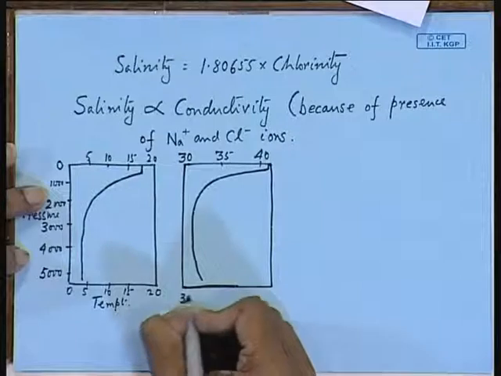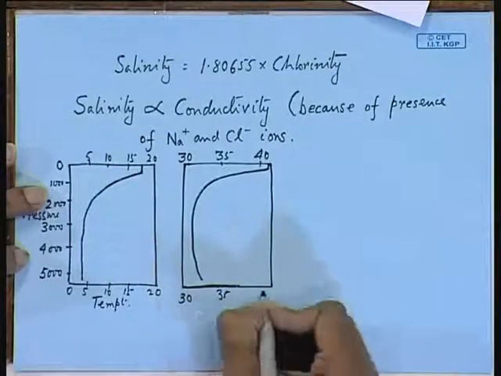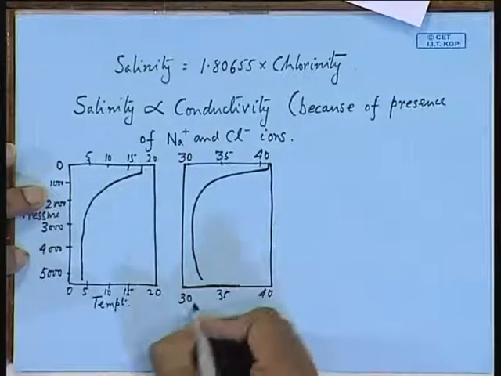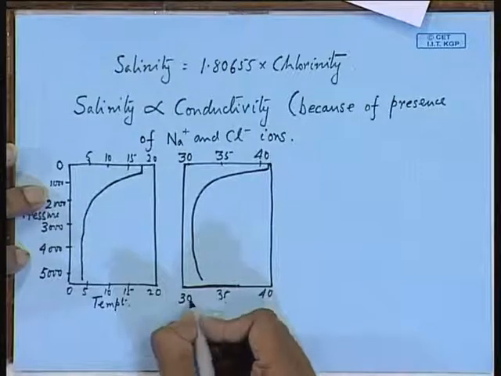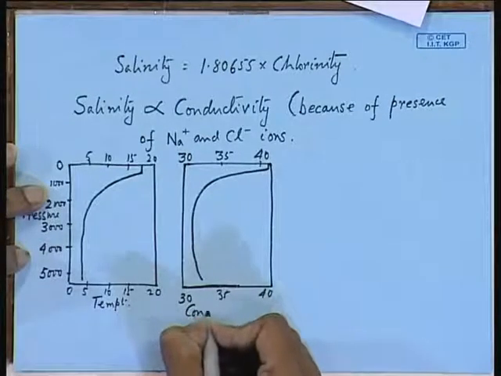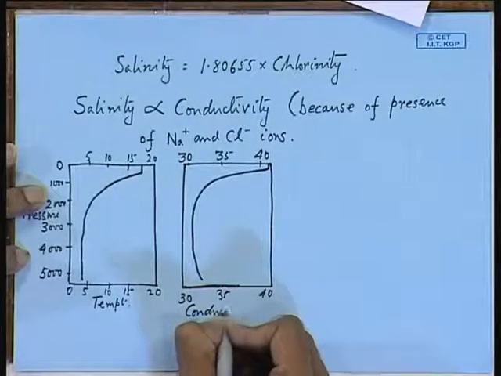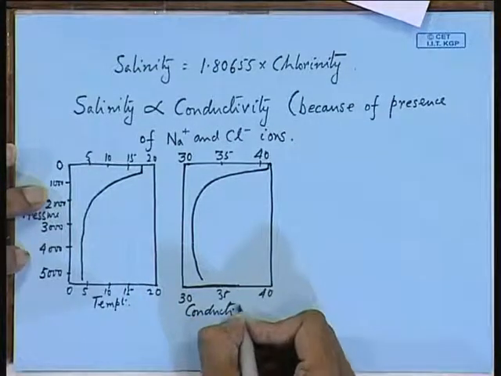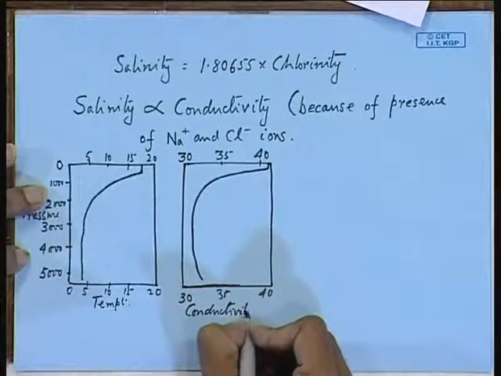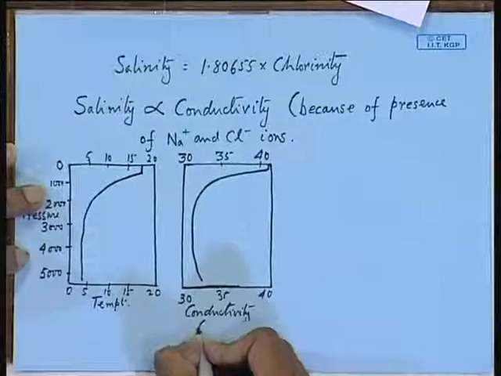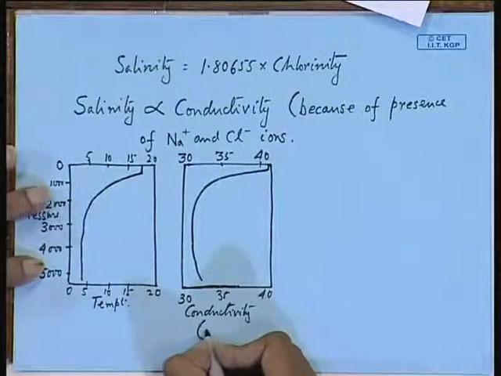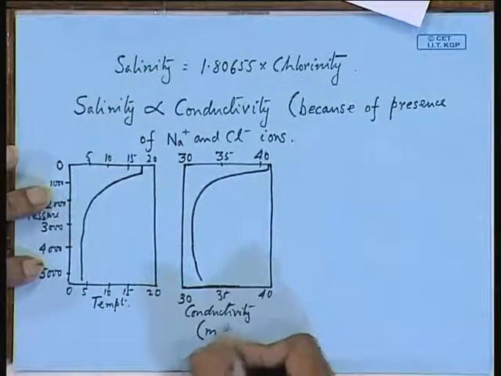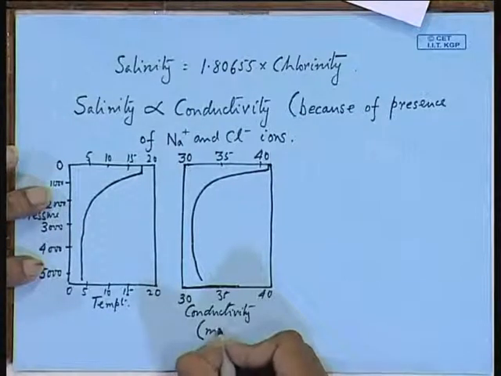This is 30, 35, 40, and conductivity is expressed in what are the units? It is, I think in this case, micromhos.